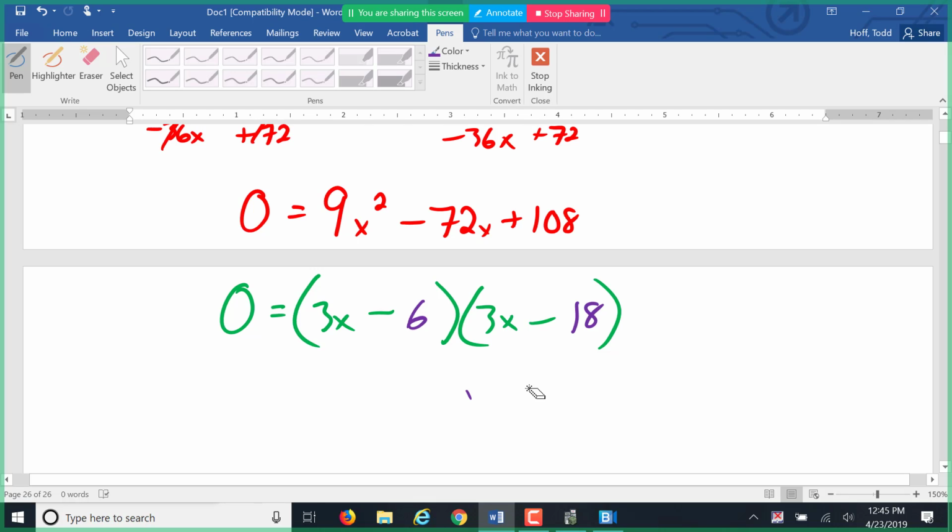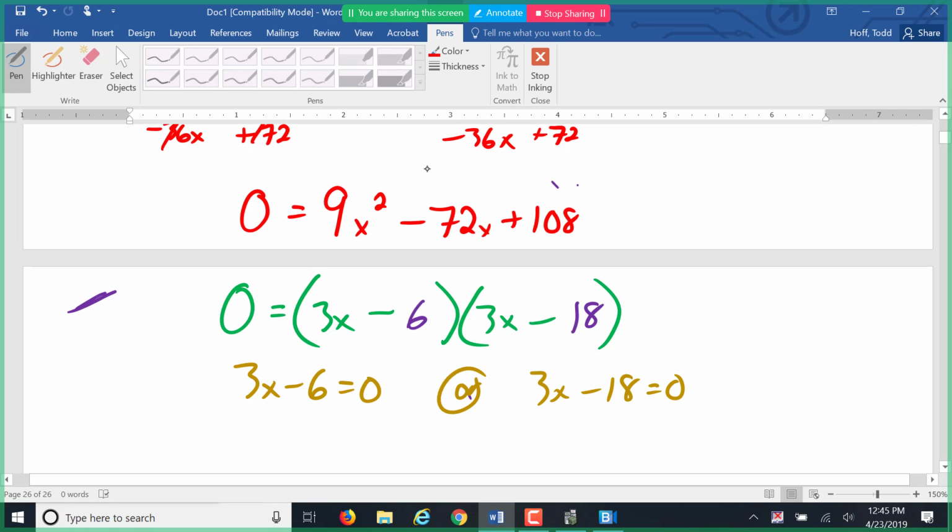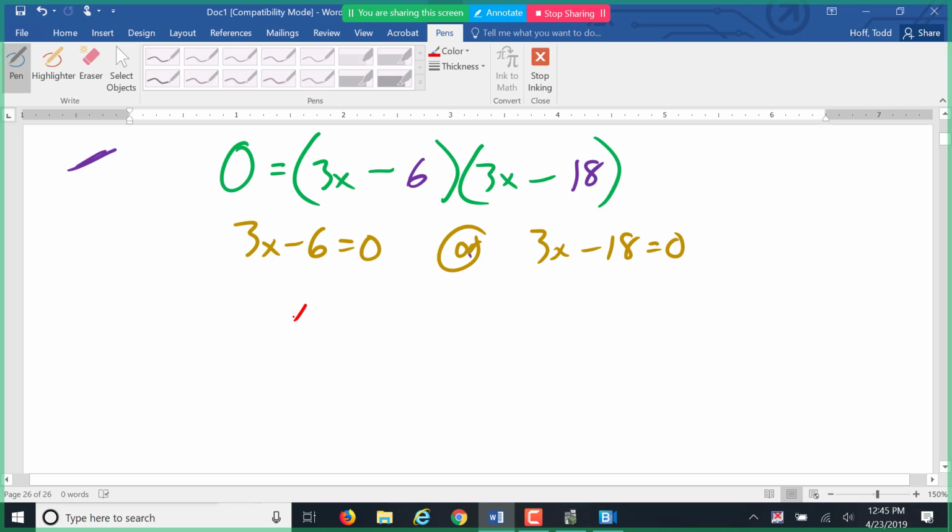So now, 3x minus 6 equals 0, or 3x minus 18 equals 0. And we solve. I'm going to assume you guys can do the basic algebra from here. This one gives us x equals 2. This one gives us x equals 6.